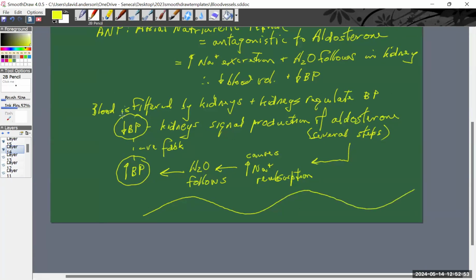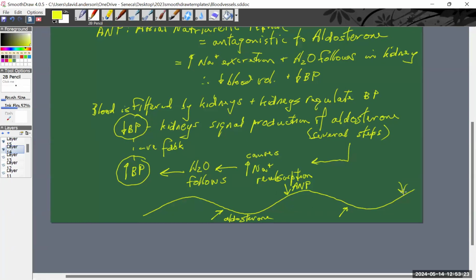When blood pressure is getting low, we're going to add aldosterone. And when blood pressure is getting high, ANP. Repeat, repeat. And as a result, we get homeostasis. Blood pressure is going up, blood pressure is going down, blood pressure is going up.